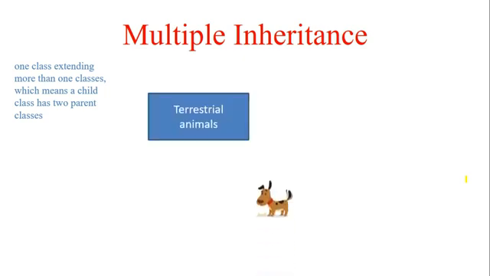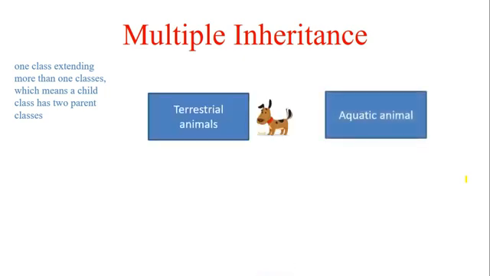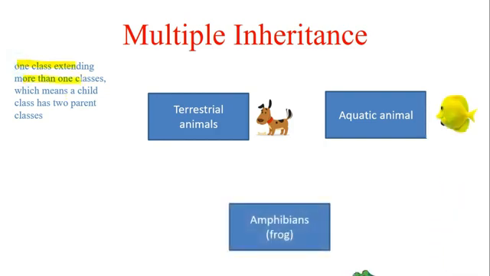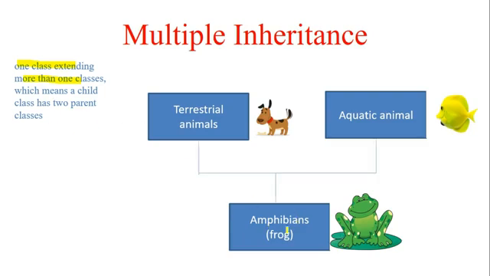The next is multiple inheritance. In multiple inheritance, one class is extending more than one class. So I'll give you an example. This is one class, amphibians. These are the other classes, terrestrial animals and aquatic animals. We all know that amphibians are animals which can live both on land and in water.